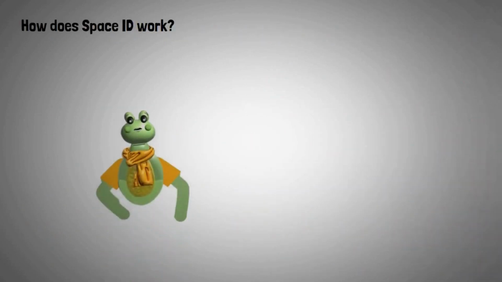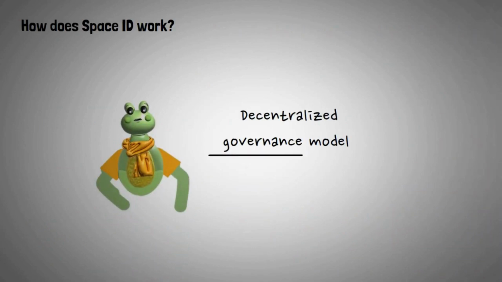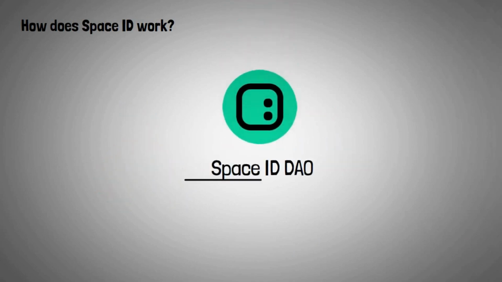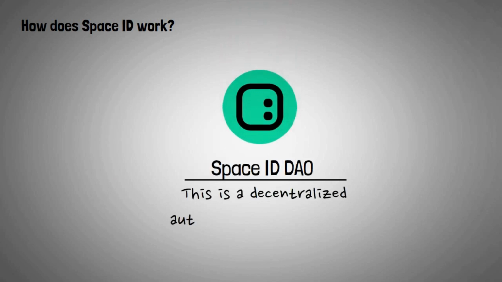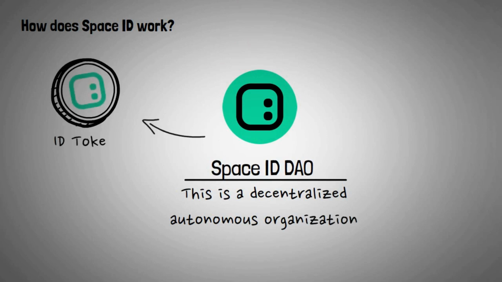Of course, no cutting-edge project would be complete without a decentralized governance model to ensure that it remains fair, transparent, and community-driven. And that's where the SpaceID DAO comes in. This is a decentralized autonomous organization that's powered by the ID token, which serves as both a governance token and an incentive mechanism for users to engage with the project and contribute to its growth and sustainability.